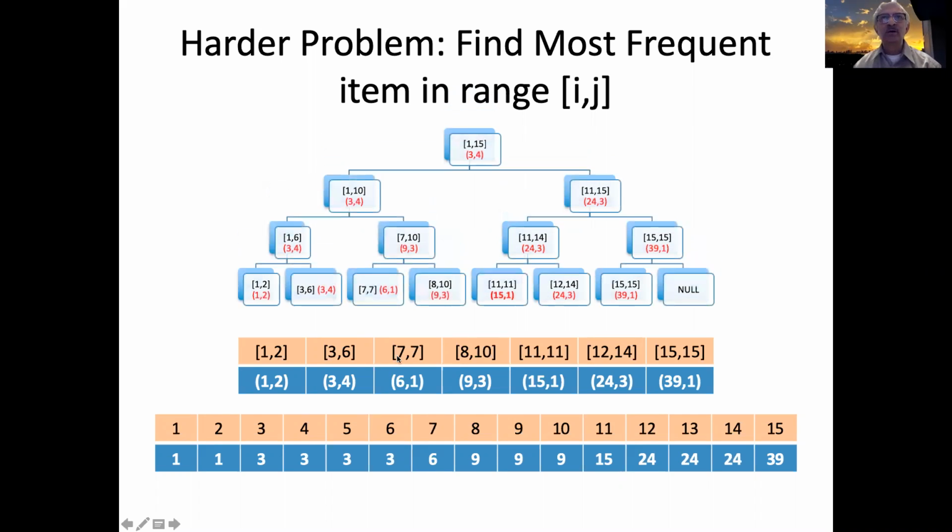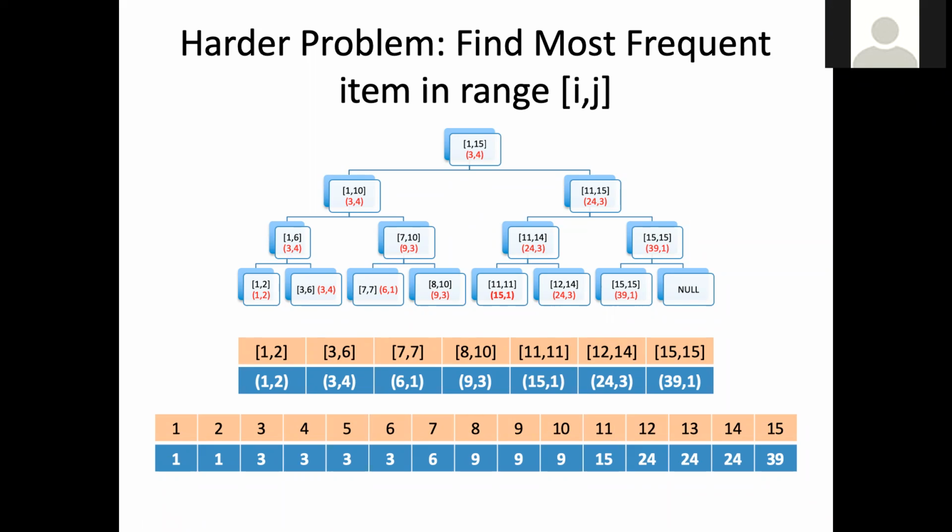Okay, so here's my tree again. Now I have value of 1 and frequency of 2, value of 3 and frequency of 4, value of 6 and frequency of 1, and so on and so forth. When I put them together, what happens on the next level? What are these values now? How do I get that?